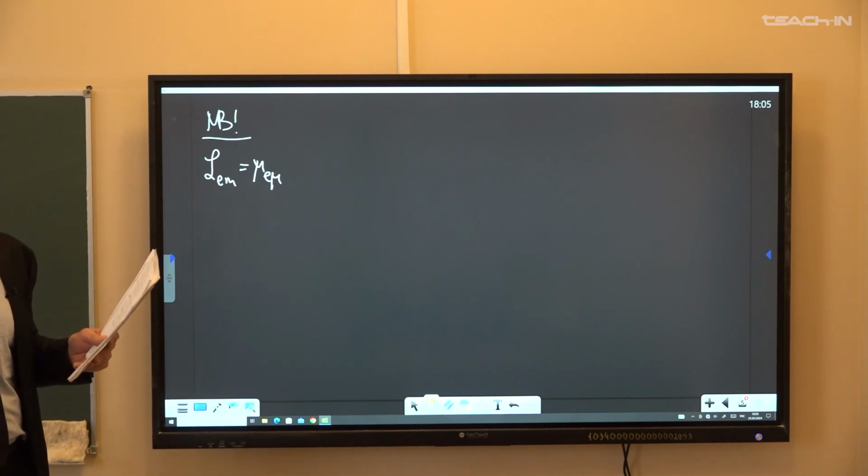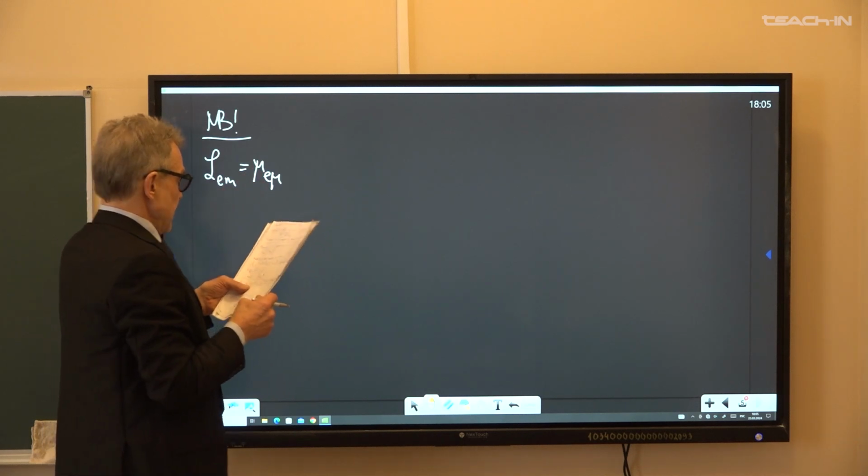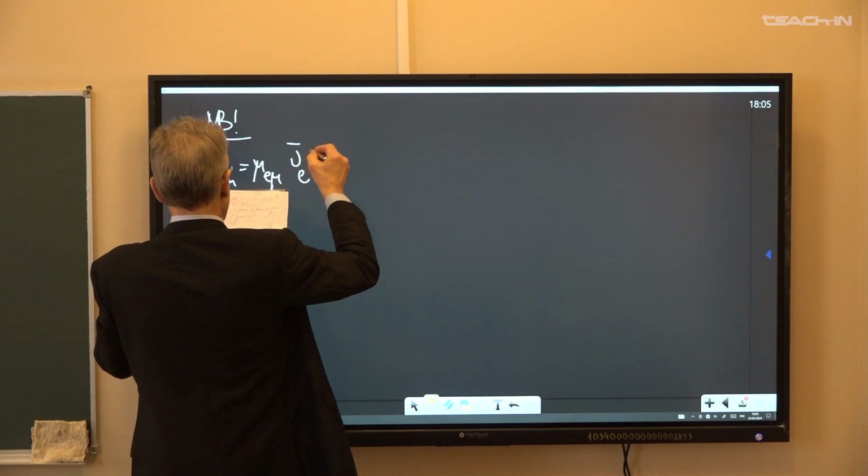Again, we confine ourselves to the two mass states and two flavor states, electron and muon, and this is an effective magnetic moment. Here is the field of electron neutrino.